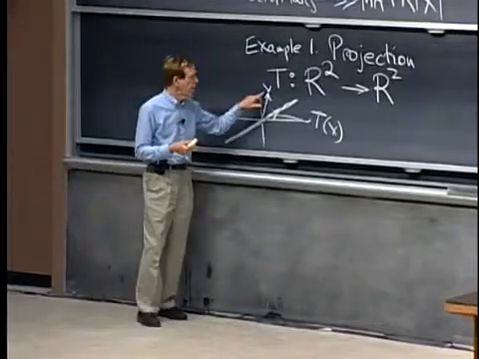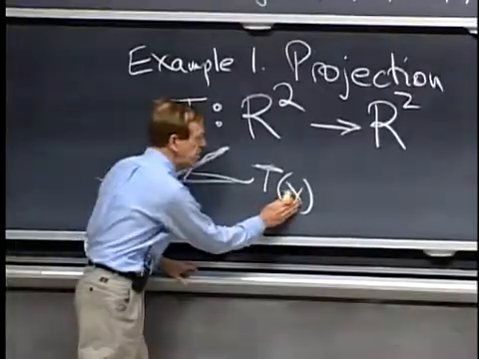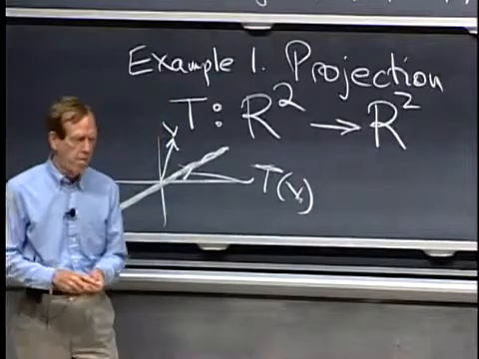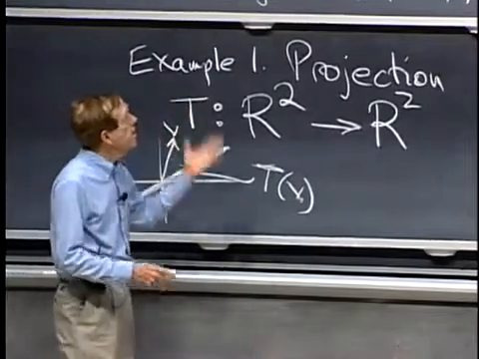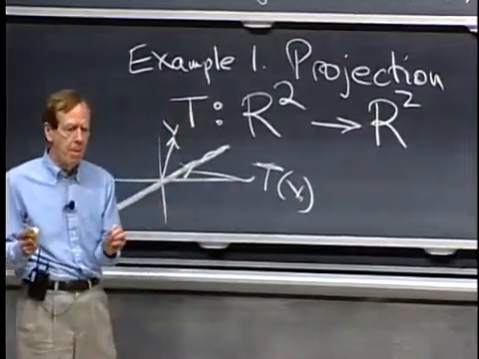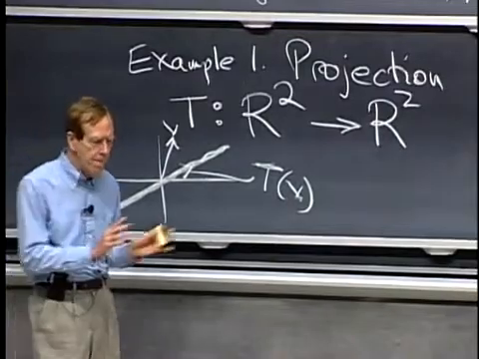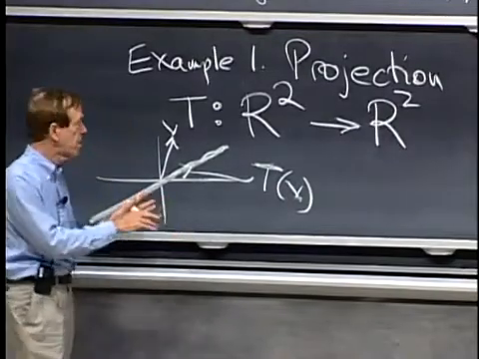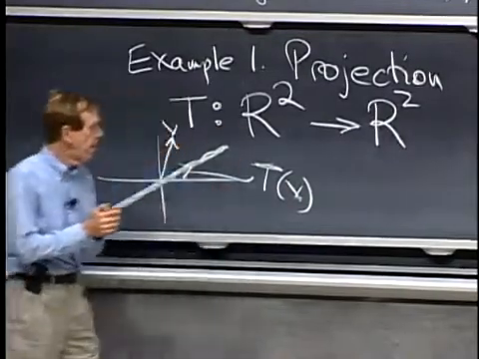You give me an input, the transformation produces the output. Sometimes the word map or mapping is used, a map between inputs and outputs.